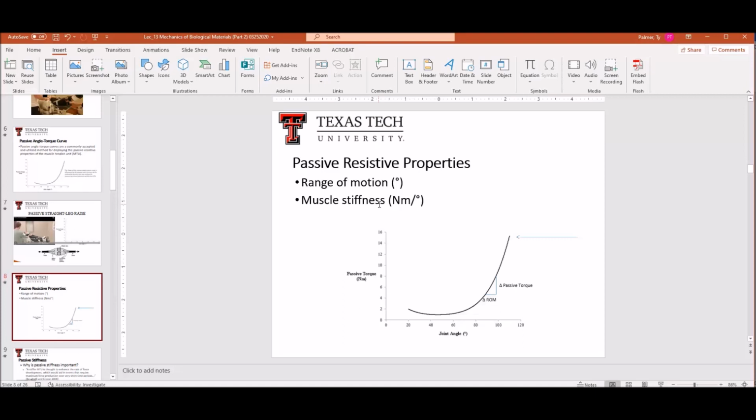Because muscle stiffness is a lot more difficult to measure compared to range of motion, we could simply measure range of motion and then use that value to predict muscle stiffness of a patient, of a person. So this does have a lot of practical significance, what we're trying to do here today and what we talked about in PowerPoint 7.